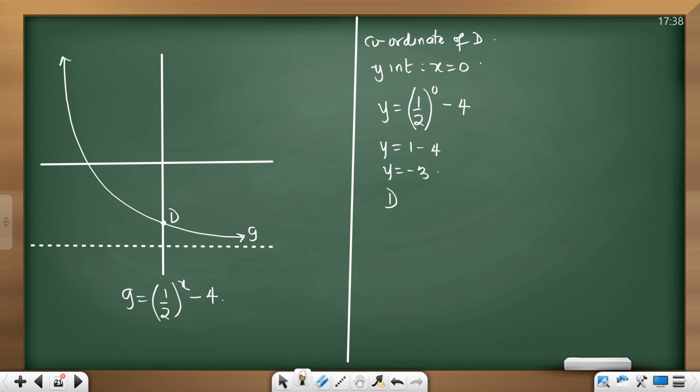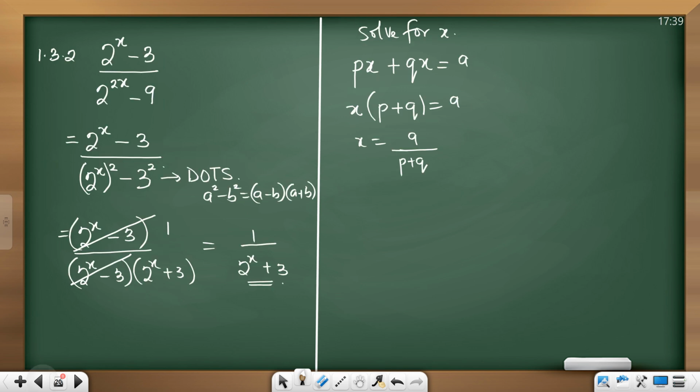So what is the coordinate of D? X is 0, y is negative 3. Zozo, are we okay there? Done there, guys.